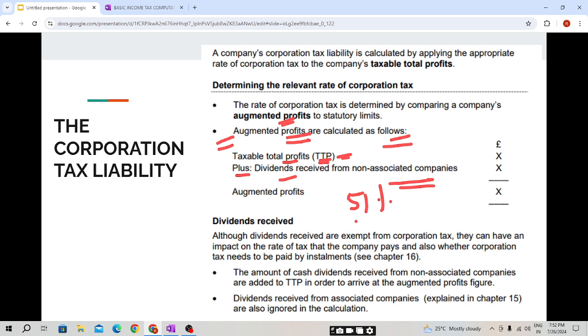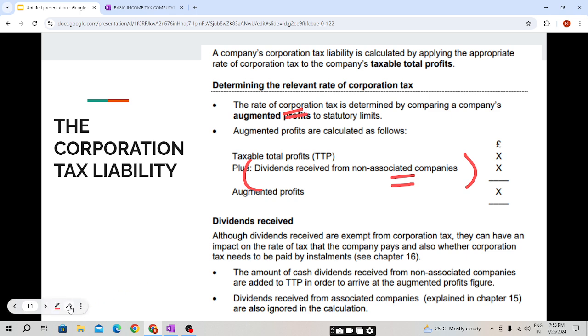With 50% share or voting rights, the company will be deemed an associated company. But students, we have already seen that dividend income will be excluded from corporation tax, but the dividend which we receive from non-associated companies will help us to identify the rate of corporation tax.